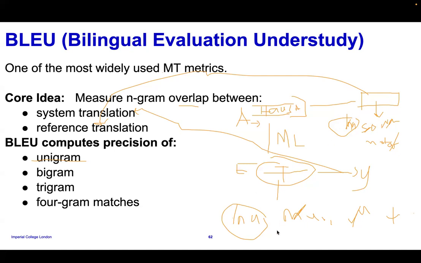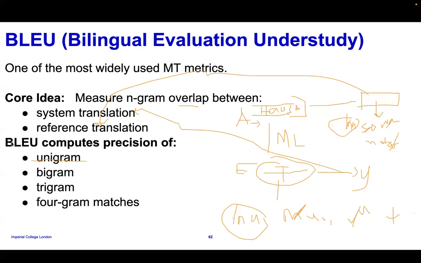It depends on the BLEU style you use, whether unigram or bigram. So that's one evaluation metric, and BLEU is one of the most widely used evaluation metrics in NLP for machine translation. Wherever you see BLEU, this is it.